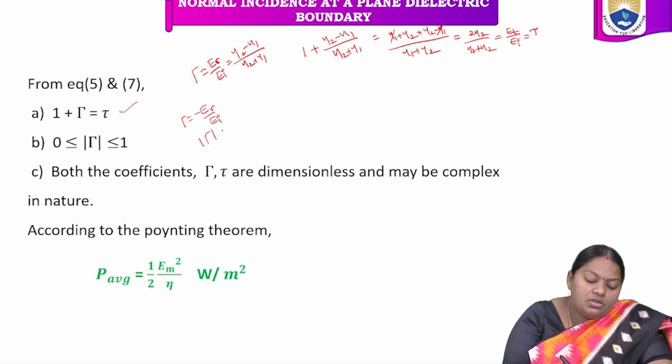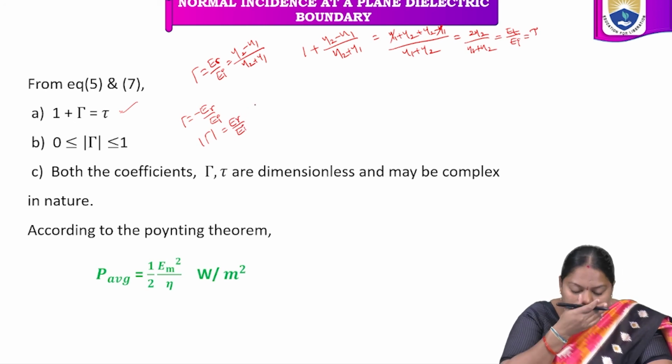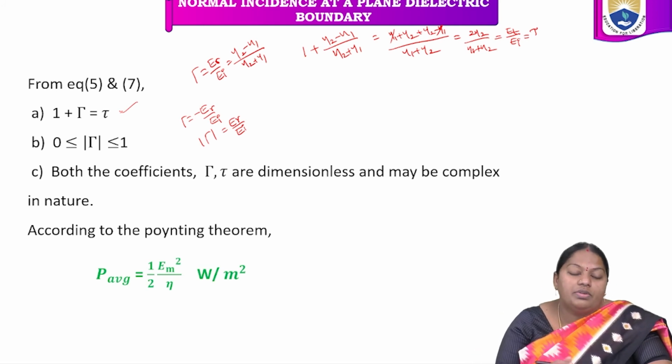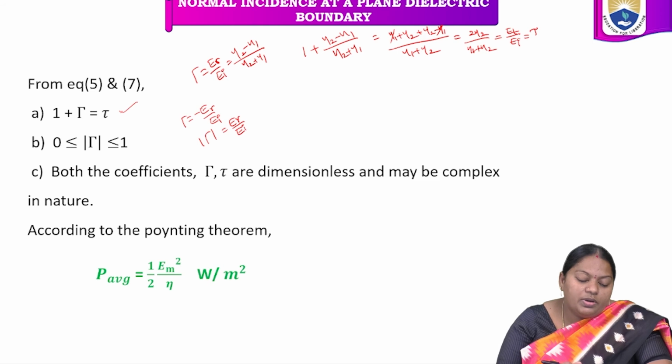If you find its magnitude, then it becomes ER by EI, right? So how do we get the value when it equals 0, and how is it obtained when it equals 1? Depending upon that, the range of this reflection coefficient is from 0 to 1.